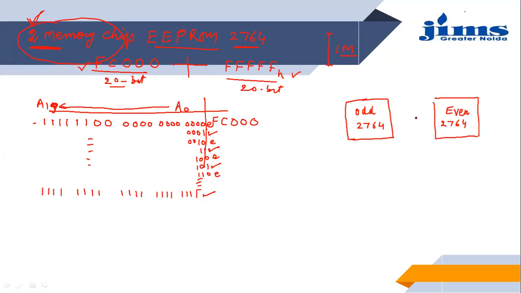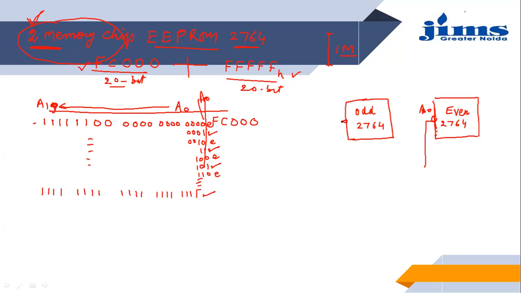So I can just make use of the line A0, which indicates whether the address is odd or even. As in the previous class, we can take this A0 as a memory chip select line. So when this A0 is connected here, all these addresses will become even addresses.